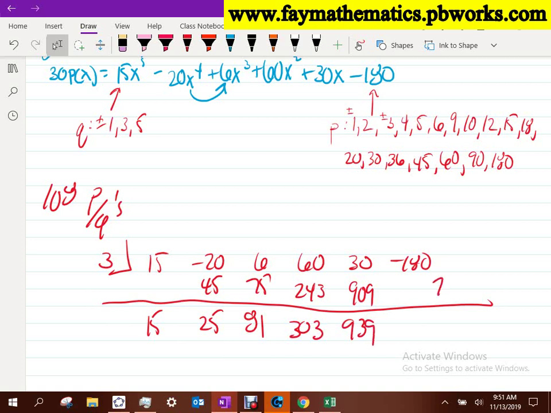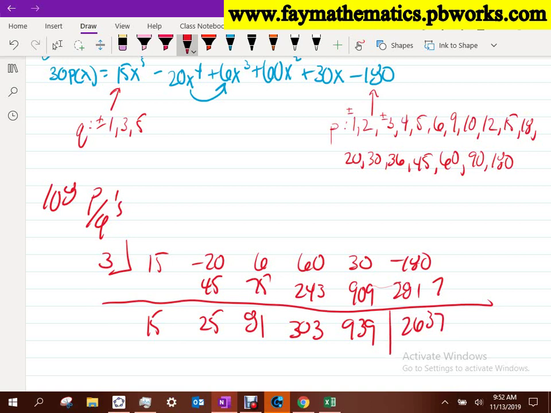So 7, carry the 2. Let's do the calculator. 939 times 3, 2817. Okay, minus 180 from that, 2637.